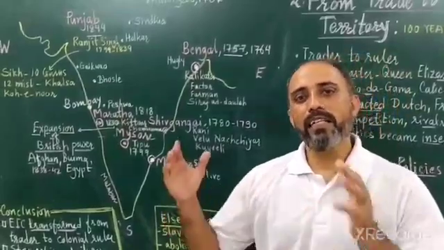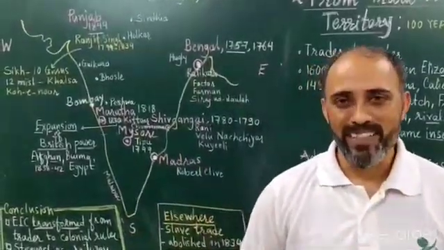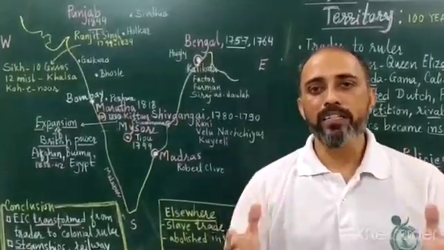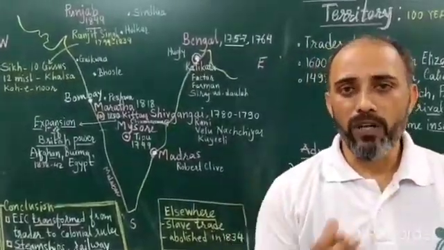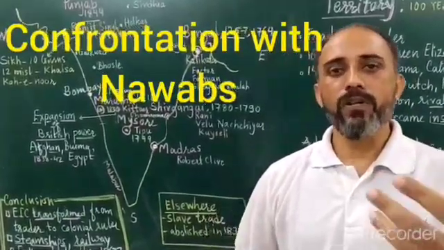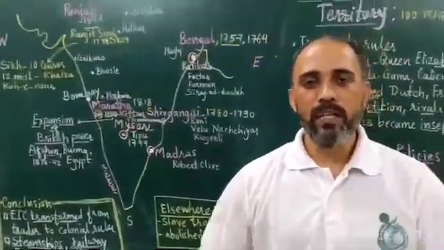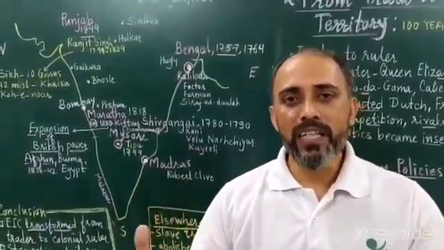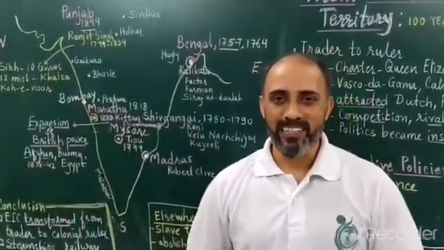But they had a clash with the local Nawabs. Why the clash? There is a reason. They wanted free trade in Bengal, and for this they received a farman from the Mughal Empire. What is a farman? A farman was a license to trade freely in the province of Bengal.